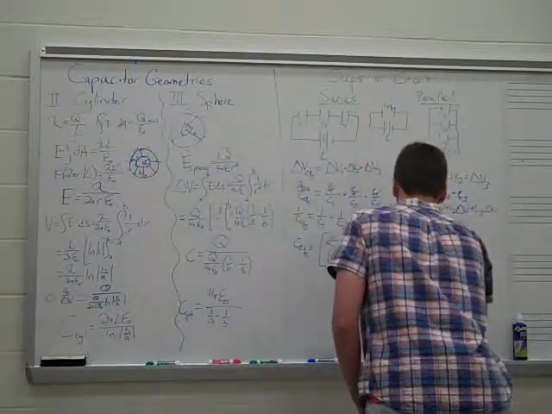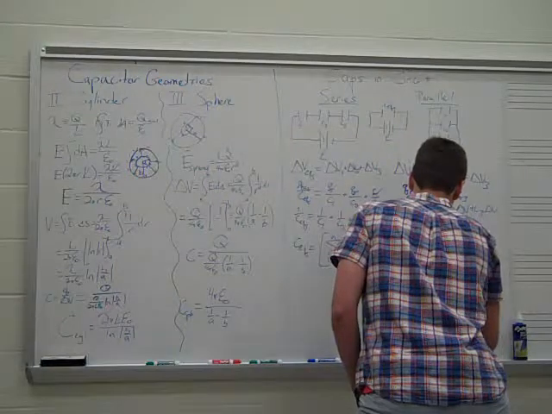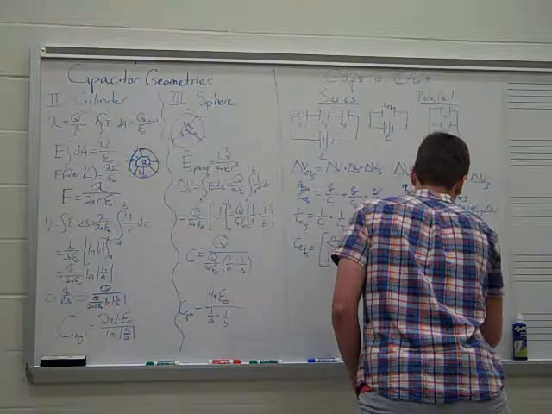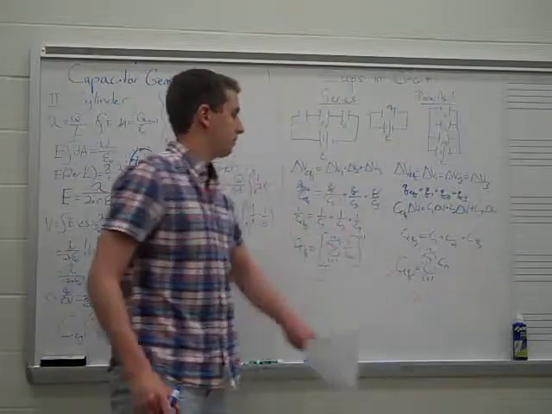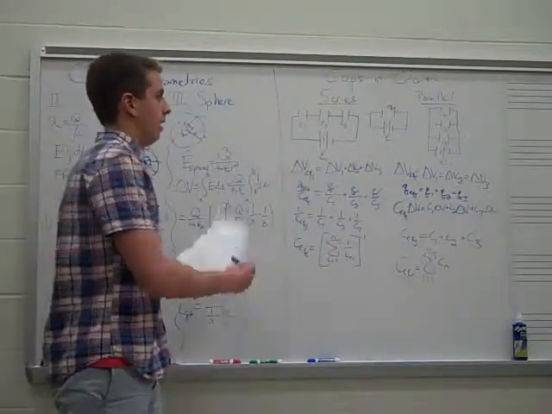And in sigma notation, you get that. So that's how you find the equivalent capacitance of a circuit.